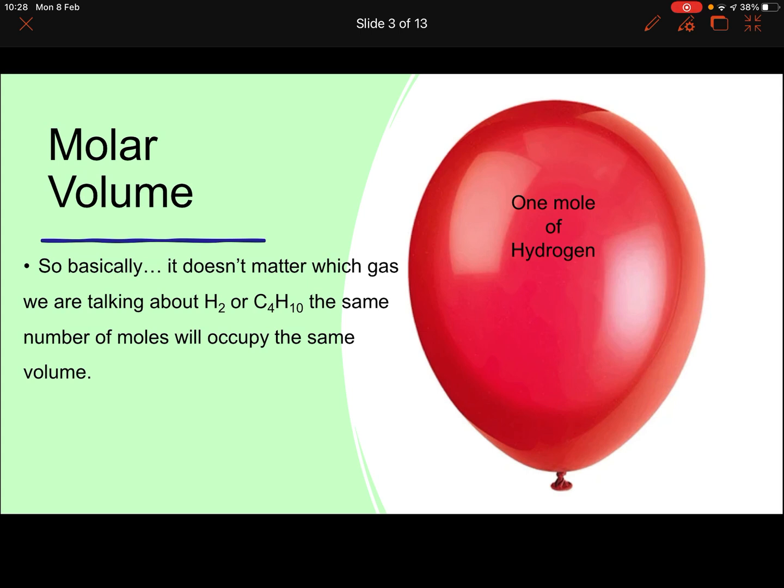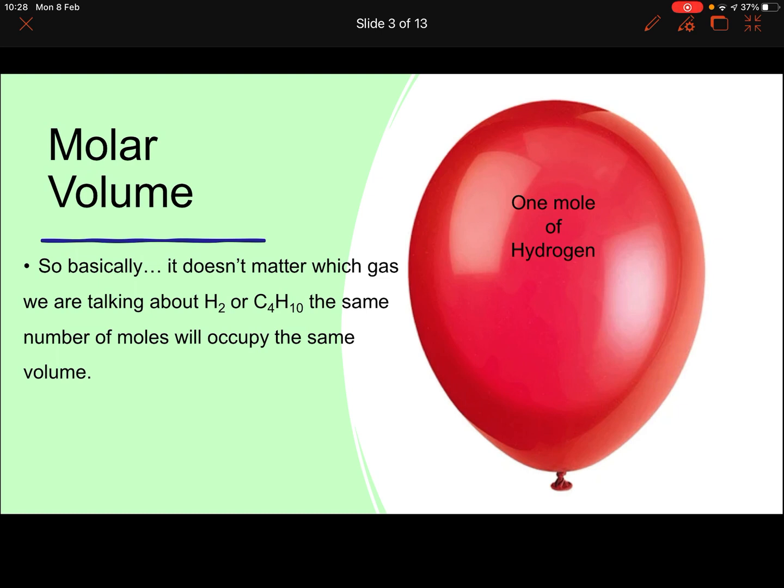If you've got 24 molecules, if you've got 40,000 molecules, if you've got 6.022 times 10 to the 23 molecules, in other words, a mole of molecules, it will fill exactly the same volume from gas to gas. It doesn't matter which gas you're talking about.